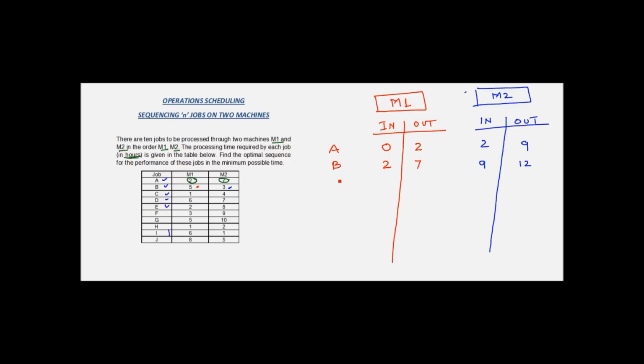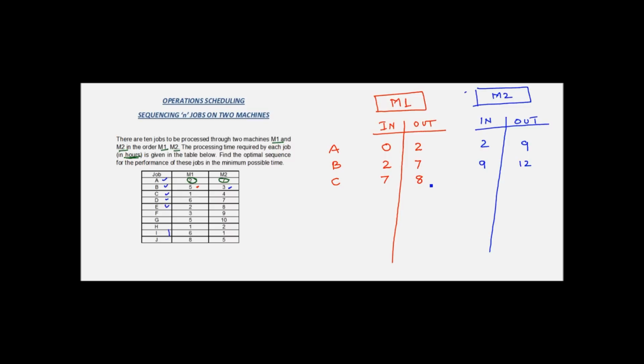Next, let's process C. So C takes 1 hour to be processed on M1. Now as soon as M1 is done with processing B, which is at the 7th hour, then C can be processed on M1. So this will go in on the 7th hour, and will come out after 8 hours because it takes 1 hour to be processed on M1.